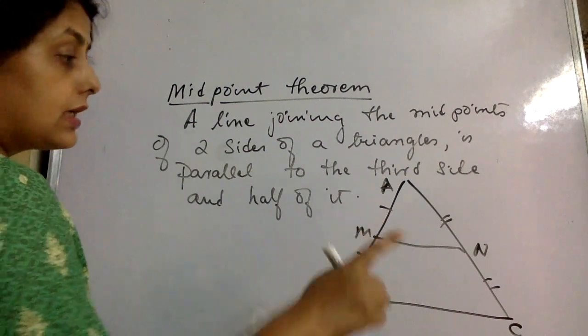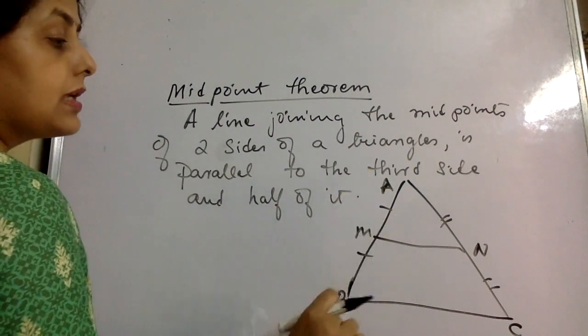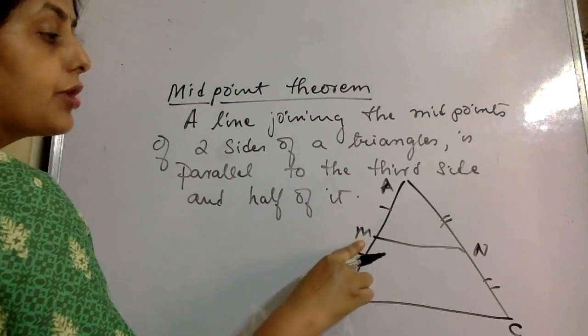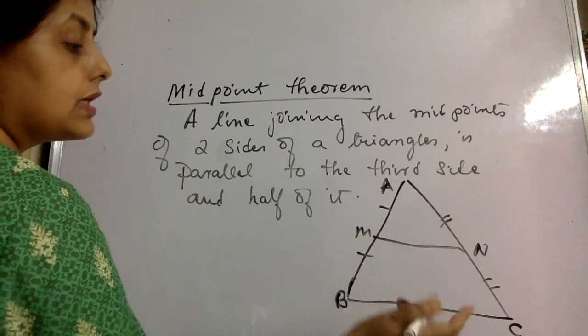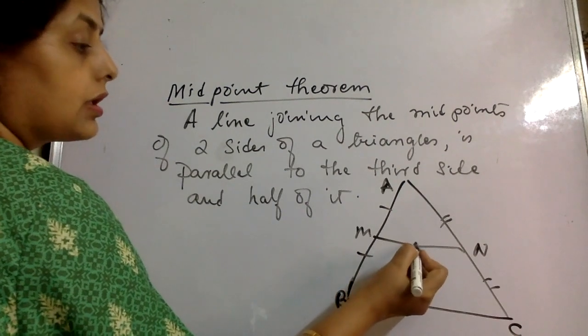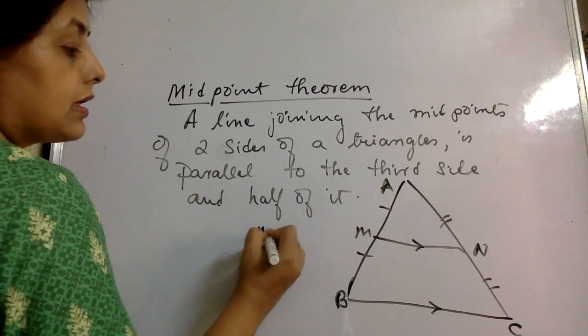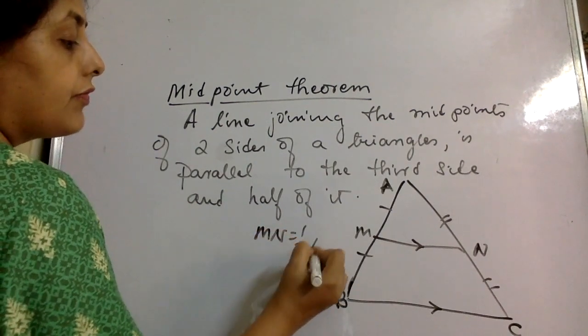Now it does not say that AB and MN are of the same length. Therefore, MN is parallel to BC and MN is also equal to half of BC.